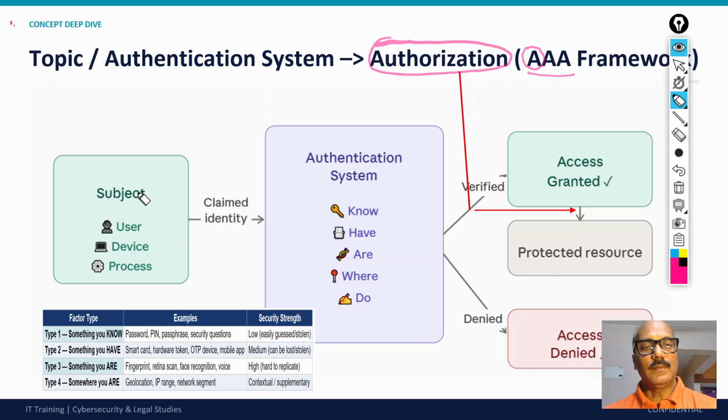A subject can be a user, a device, or a process. All these three have a unique identity. That identity which the subject is claiming has to be validated. Validated means it should be recognized. How does it get recognized?